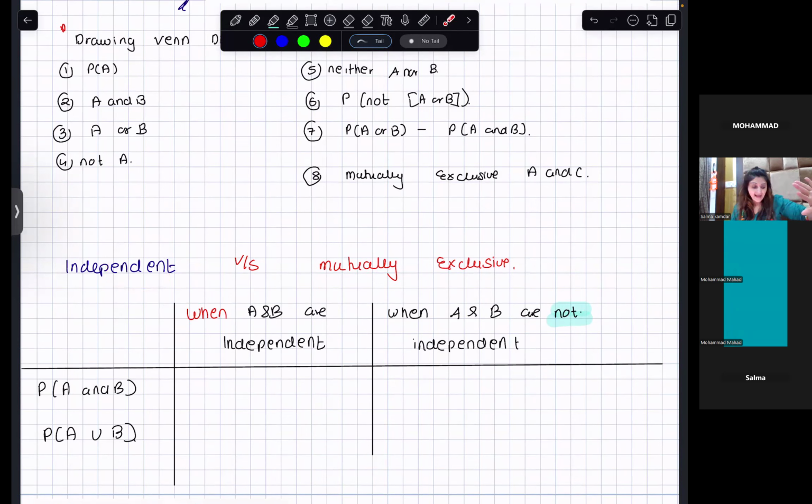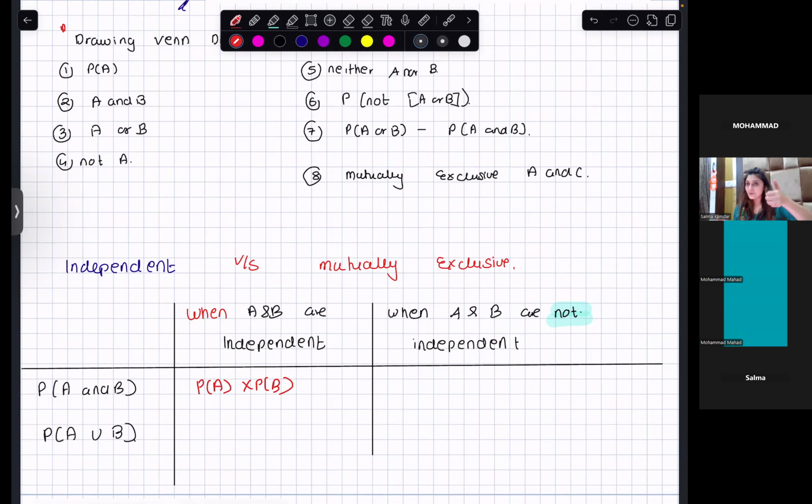For example, A can happen independently, B can happen independently, A can also happen, and B can also happen. They have no connection with each other. So when the two events are independent, the probability of A and B is probability of A into probability of B. They can happen at the same time.